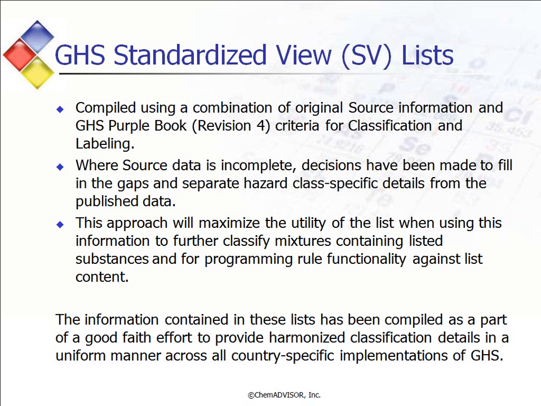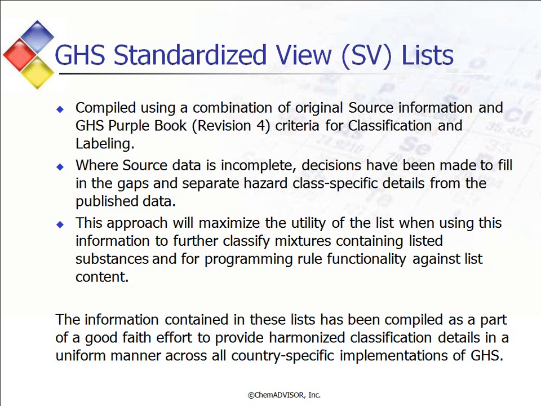When a source entry is incomplete, we've made decisions to fill in the gaps. And when I say incomplete, I mean that the source publishes only the H code, for example. Well, then we'll take that H code and go back and identify the classification category, the hazard class and the category that goes along with that, and present a common set of fields for, again, the user's eye to be able to pick out readily the data that they need and not have to go back to a source to see what's H319 again.